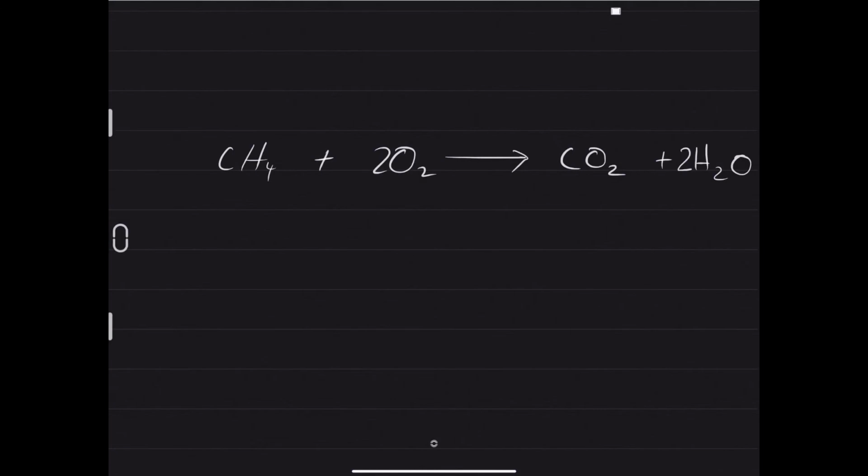The whole aim of balancing equations is to obtain an equal number of atoms for each element involved in the reaction, where there is an equal number represented in the product side and in the reactant side.